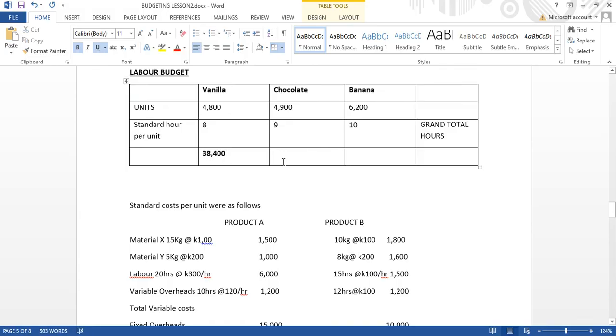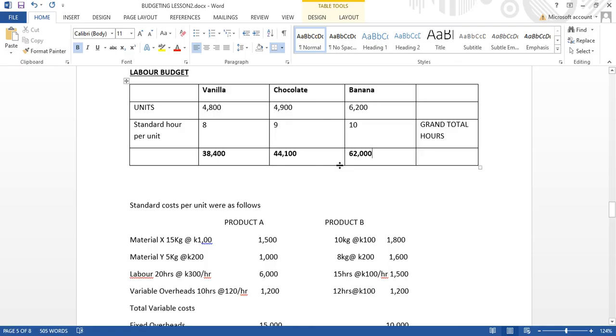Chocolate, we say 4,900 times 9, we need 44,100 hours to produce these 4,900 units of chocolate. And then for banana, we need 62,000 hours to produce 6,200 units of banana.